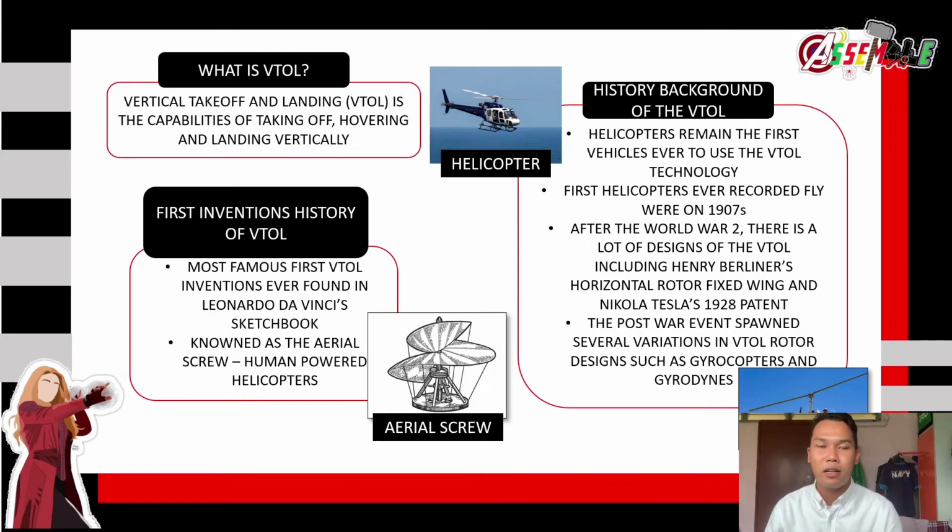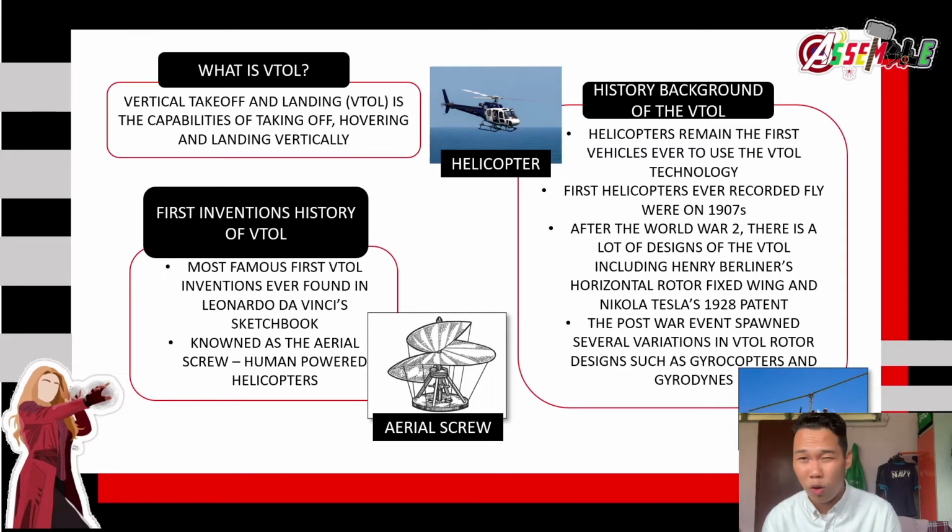Okay, the history background of the VTOL. The first ever invention that used the VTOL technology is the helicopter. Helicopters remain the first vehicles ever to successfully fly in a VTOL or vertical takeoff and landing style. The first recorded helicopter to ever fly was back in 1907.